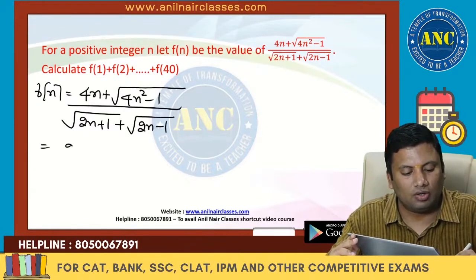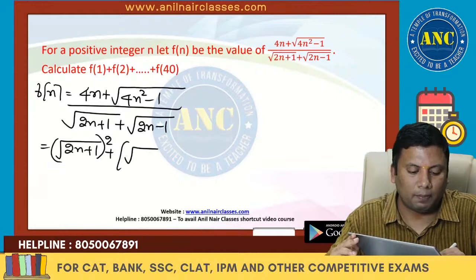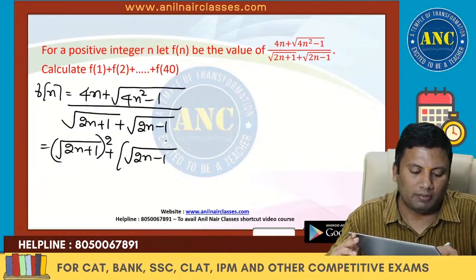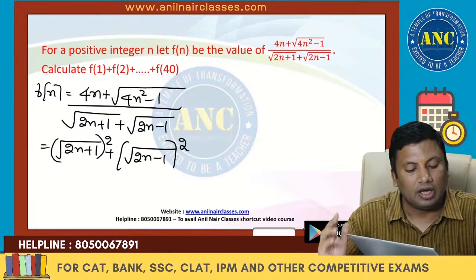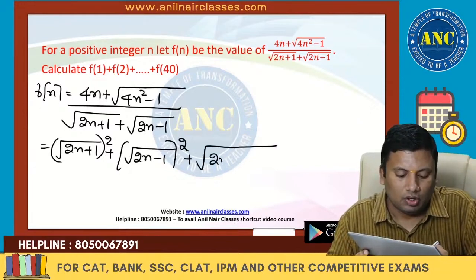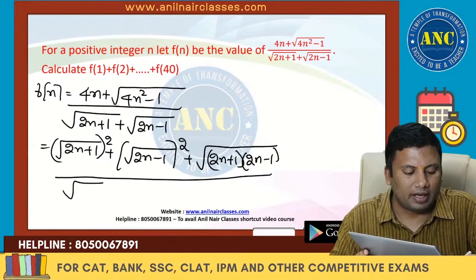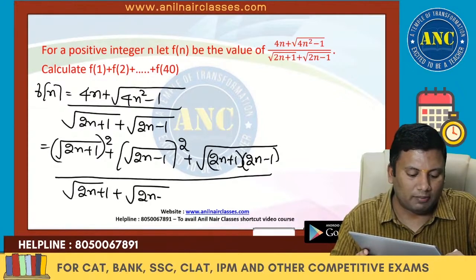So you can write this 4n as root of (2n plus 1) whole square plus root of (2n minus 1) whole square, a square plus b square. This is nothing but root of (2n plus 1) into root of (2n minus 1), divided by root of (2n plus 1) plus root of (2n minus 1).